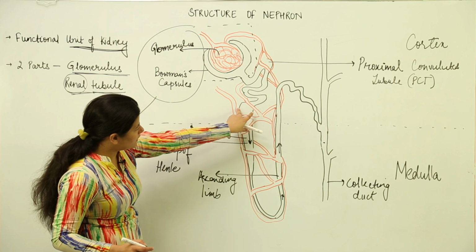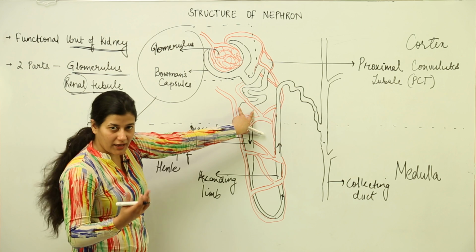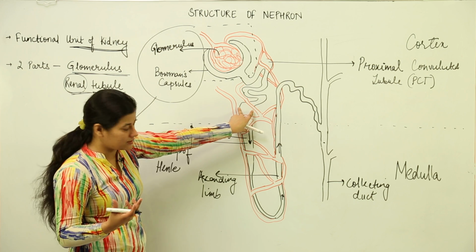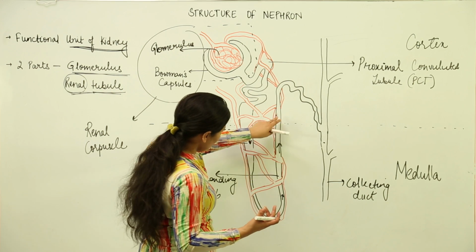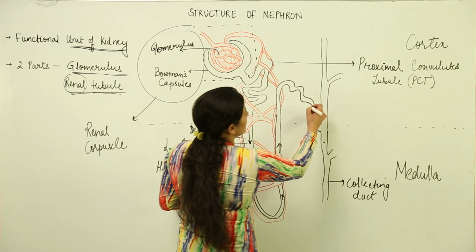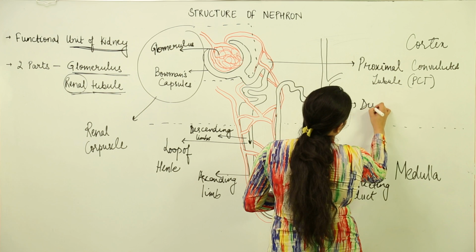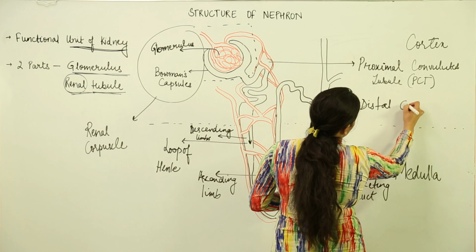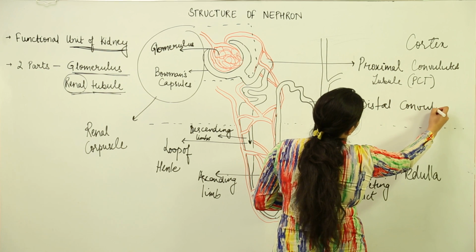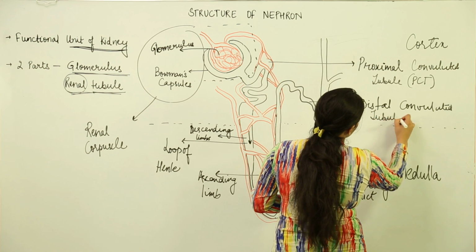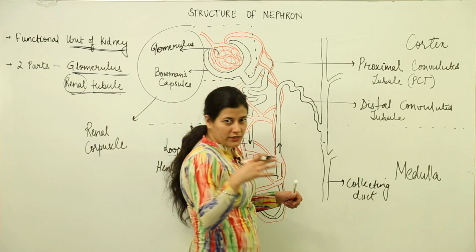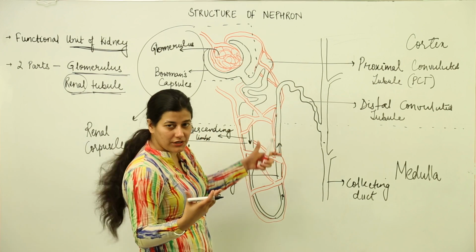As you can see, it has a greater area inside, the tubular radius is greater, then it becomes thinner and thinner, then it takes a U-turn and reaches the distal convoluted tubule, because it lies distal to the glomerulus. So we have the distal convoluted tubule. Again, this part is highly reabsorptive, and it is secretory as well.